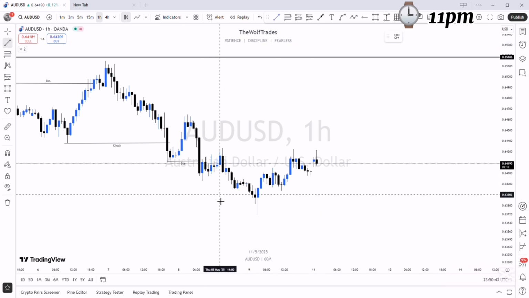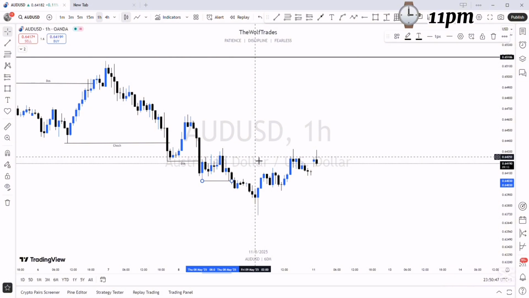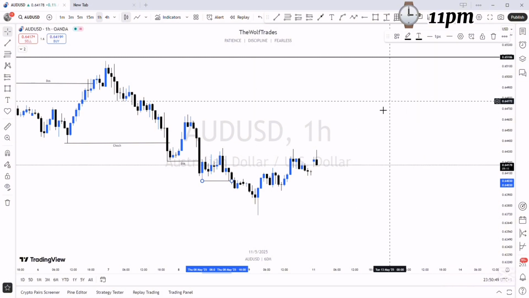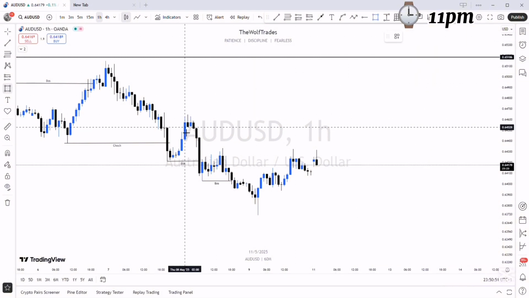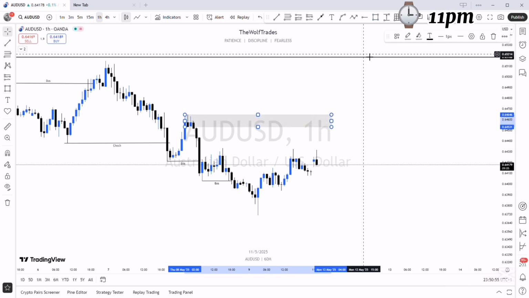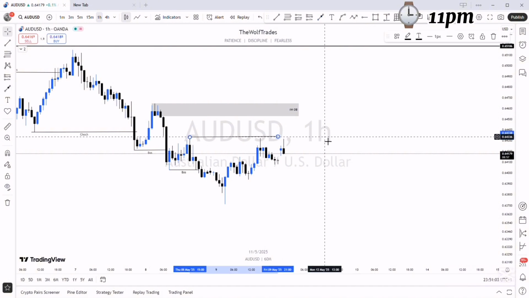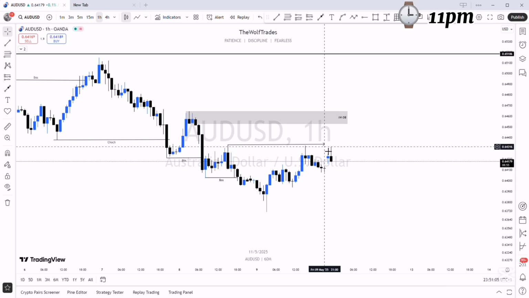And another break of structure, but that break of structure didn't retrace. And that's my supply level, or let me say order block, and that zone and that high is my inducement.